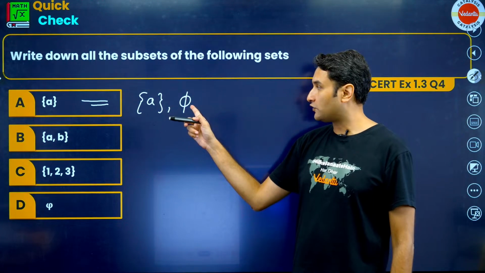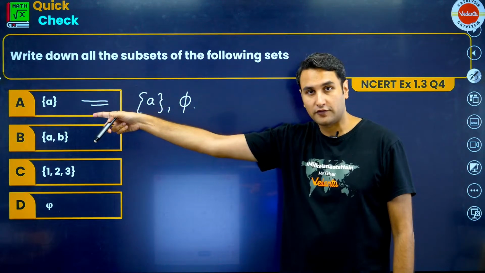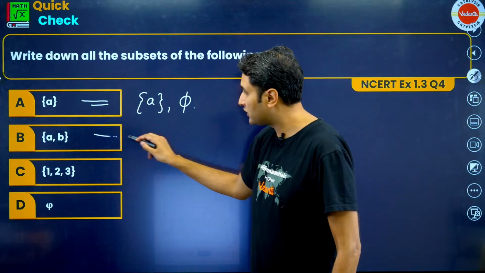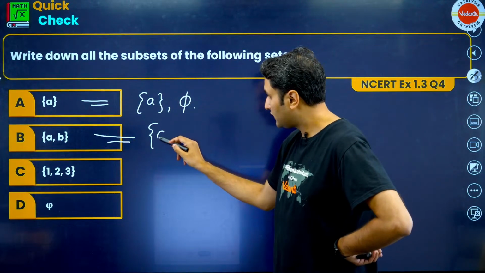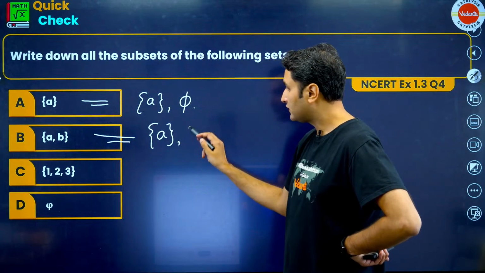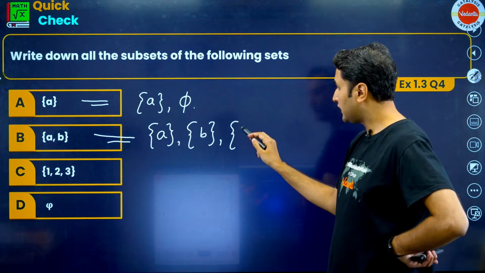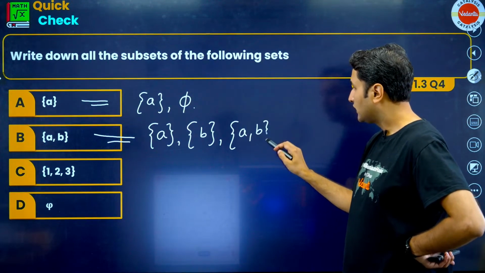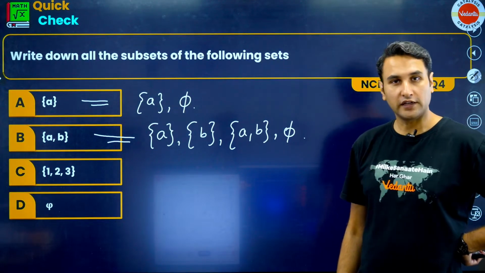So phi is a subset of everything. The set itself is a subset of itself. Got it? For example, this will give you a clearer picture. The subsets are the set containing only element A, the set containing only element B, the set itself, and phi is a subset of every set. Clear?